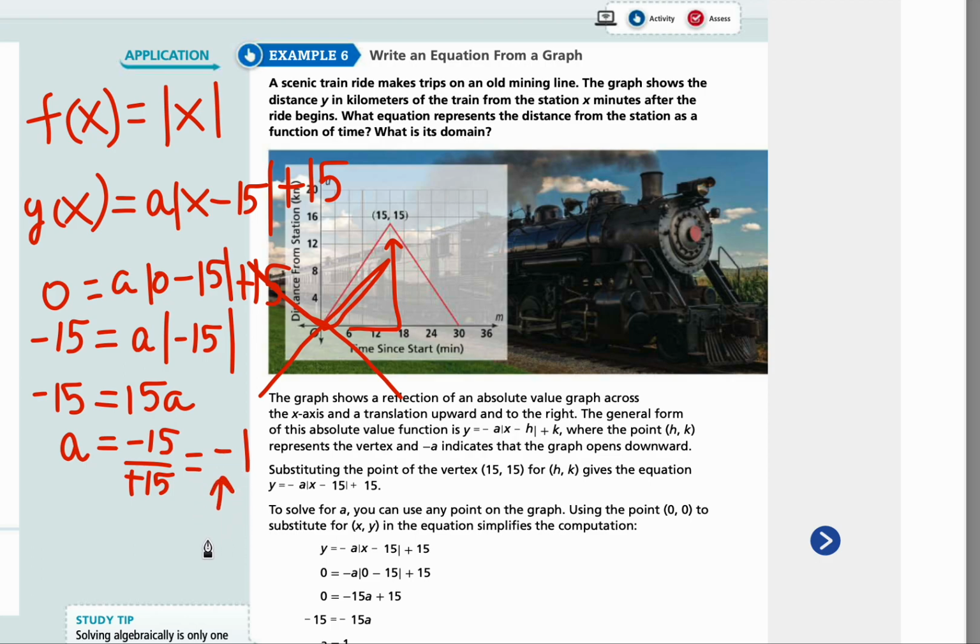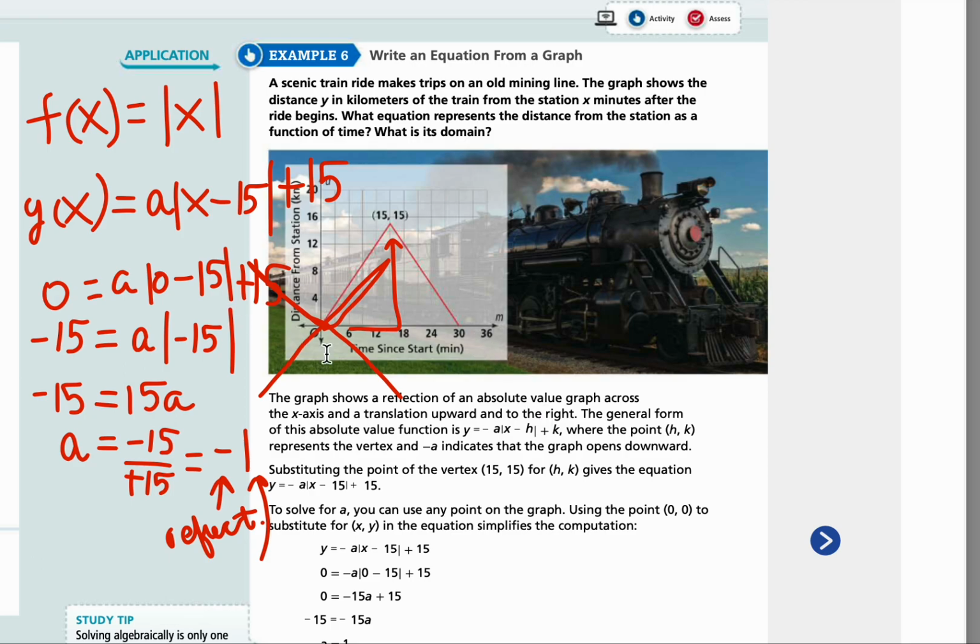That negative represents reflection. And the 1 just represents your stretch or compression, which means you don't have a stretch. By a factor of 1, it's just the original slope.